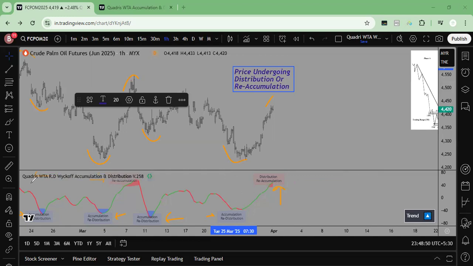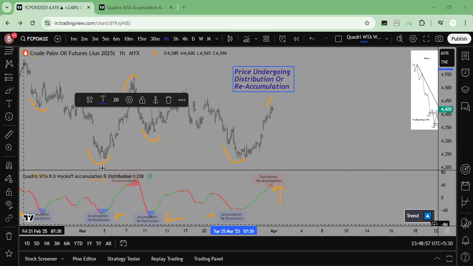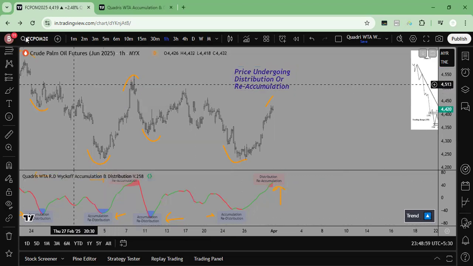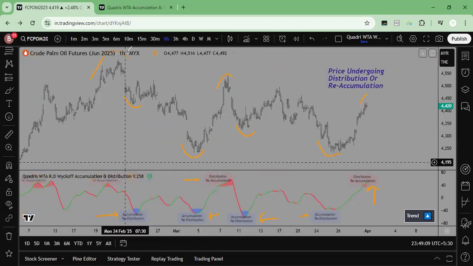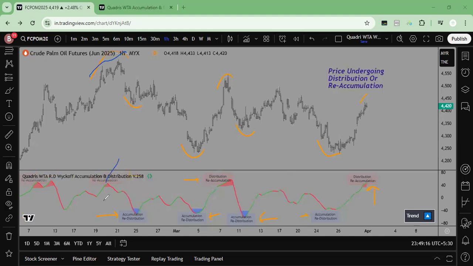Just to highlight in this particular video, I'm going to show you what we have observed. For example, let me bring up this particular data. Here we got a shortening of thrust, and we got a distribution from this particular point.